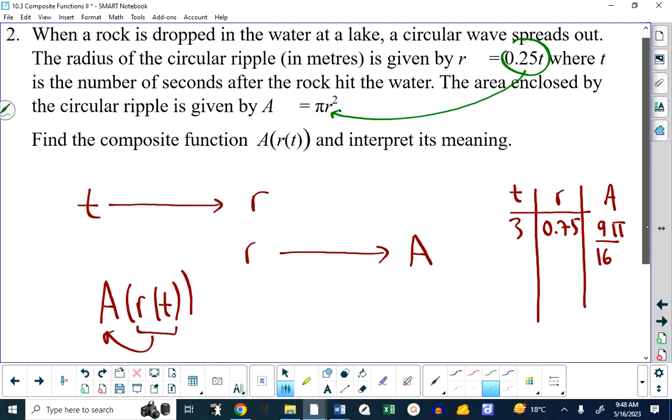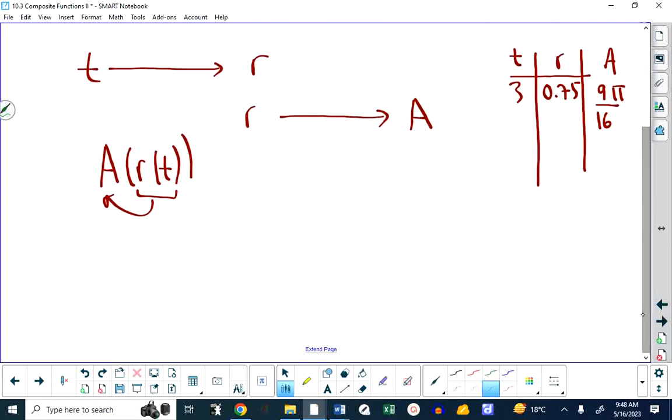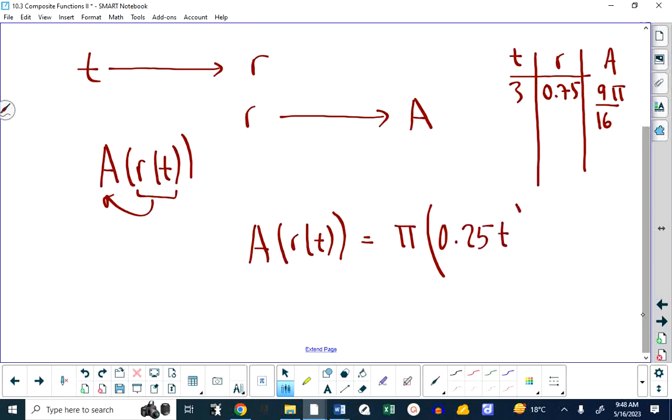It's an algebraic substitution. So we are going to have A of r of t equals pi times the radius squared, but the radius is 0.25 times the time squared. 0.25 is 1/4. So we have pi times 1/4 t quantity squared.